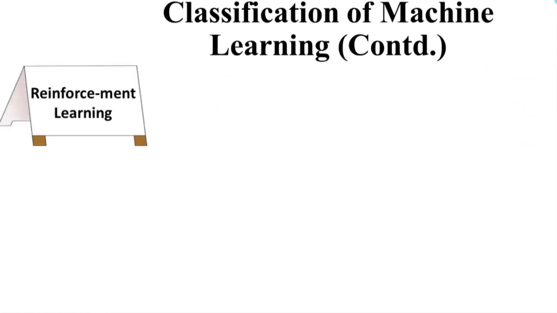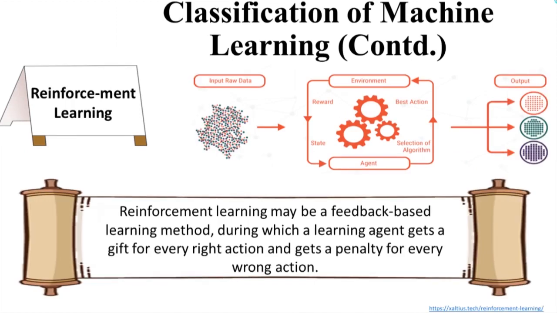Classification of machine learning: reinforcement learning. Reinforcement learning differs from supervised learning in a way that in supervised learning the training data has an answer key with it, so the model is trained with the correct answer itself.